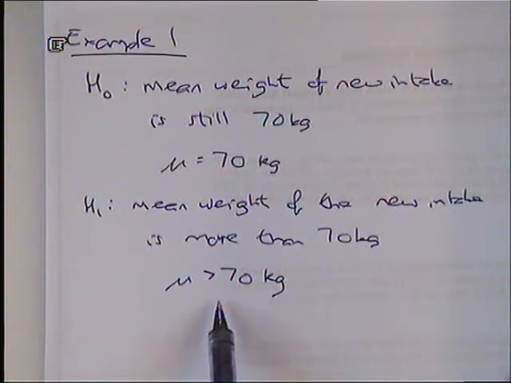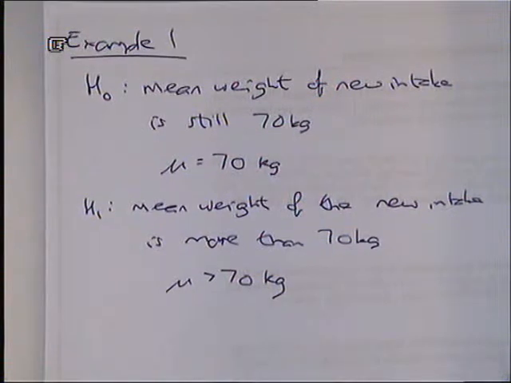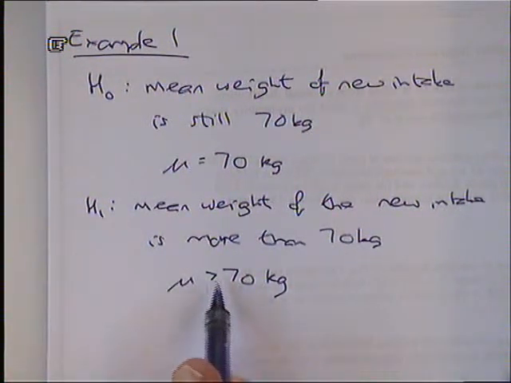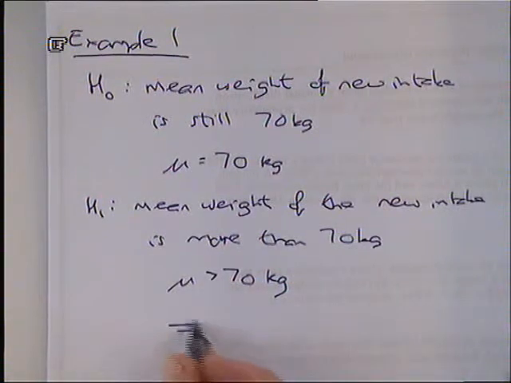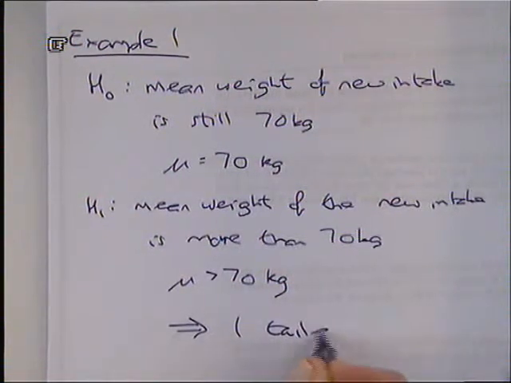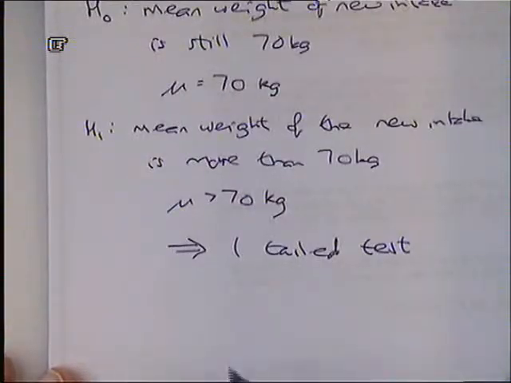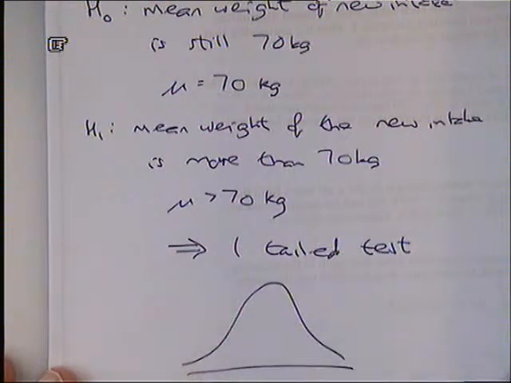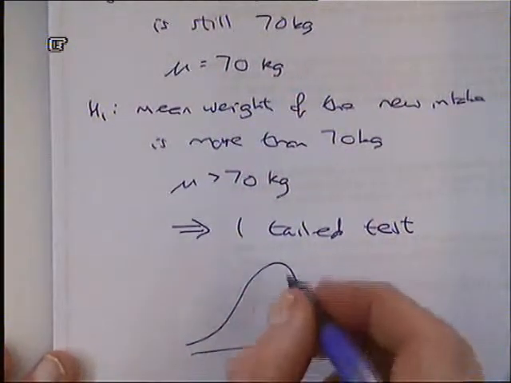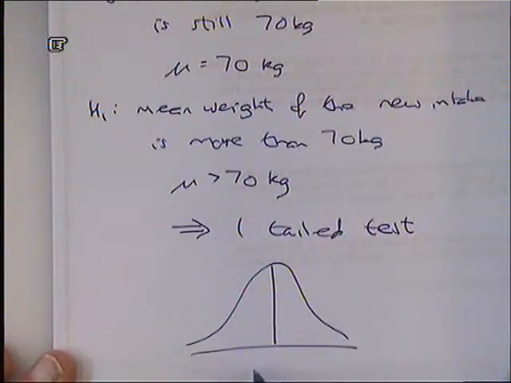But this one here, we always need to make one other observation here. We're only interested in a one sort of deviation. The question only said, is it more than 70? Not is it different from 70? And because it's an inequality sign here, greater than, this is what we call a one-tailed test. And it's called that because if I sketch a normal distribution curve, under our null hypothesis, it was that mu was 70.